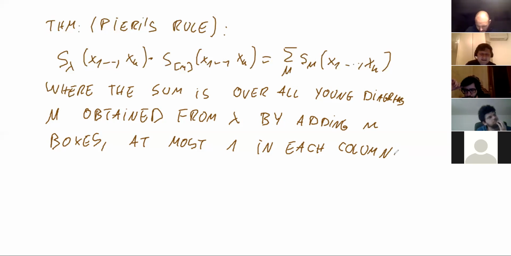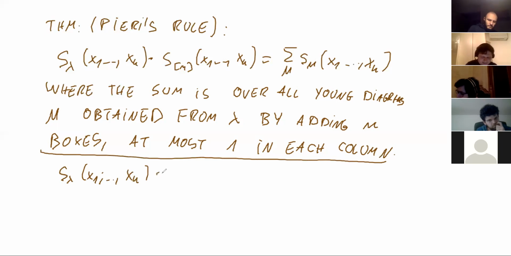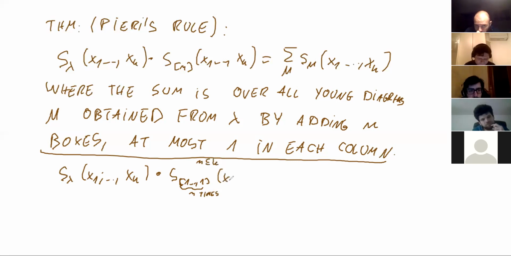And another rule, completely dual to this Pieri rule, is if we multiply any Schur polynomial, but now we multiply it by 1, 1, 1, 1, 1, 1, let's say n times. So here I'm assuming that n is less than or equal to k. And again, it's multiplicity free. So those coefficients are either 1 or 0.